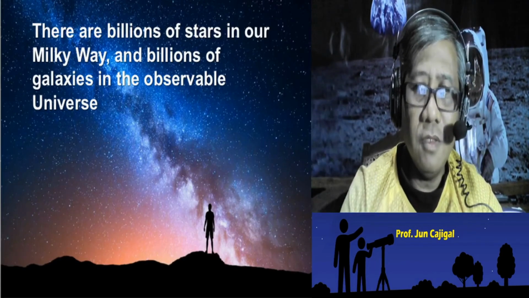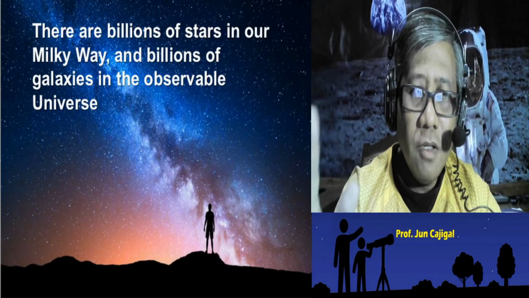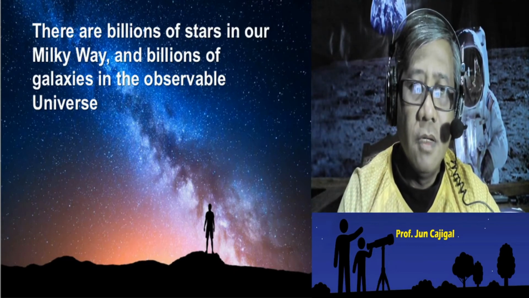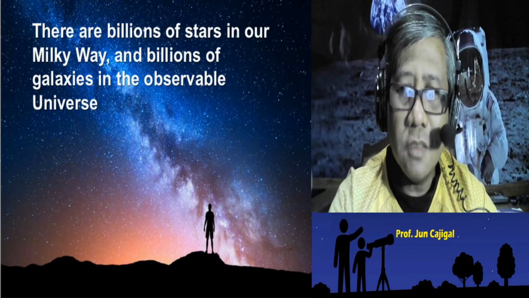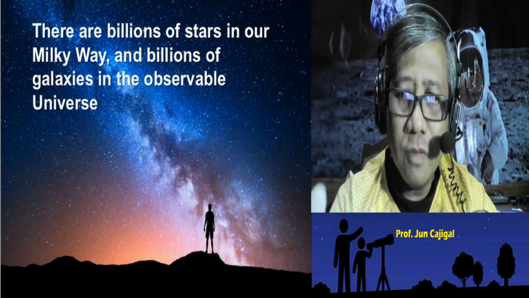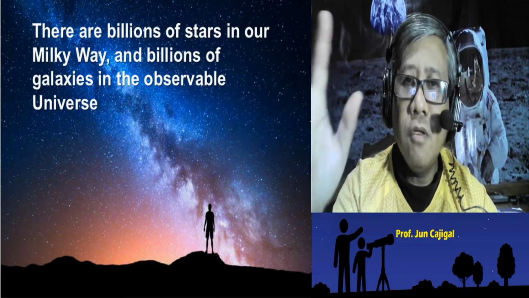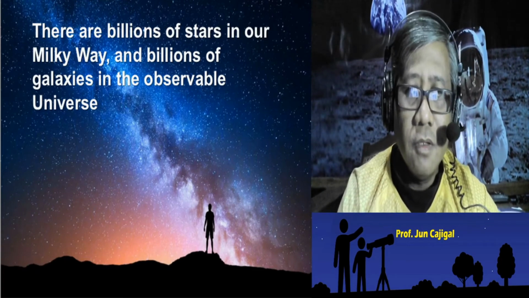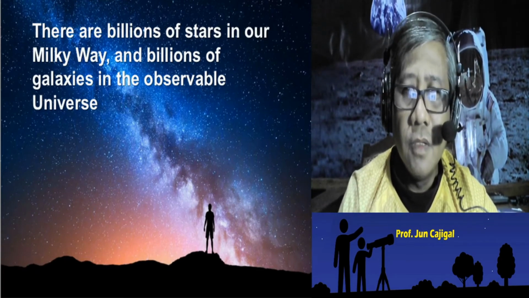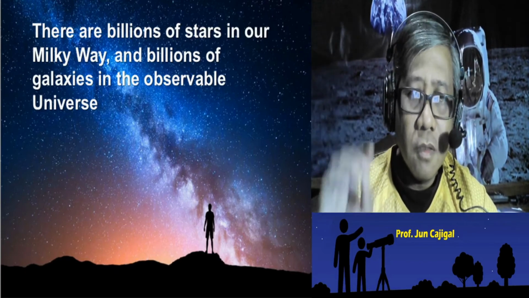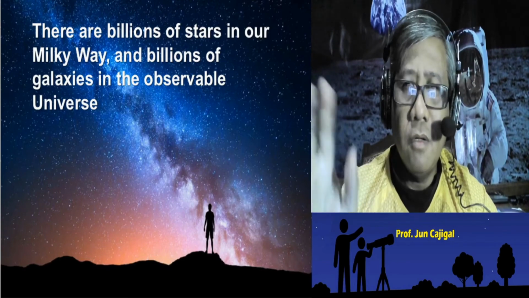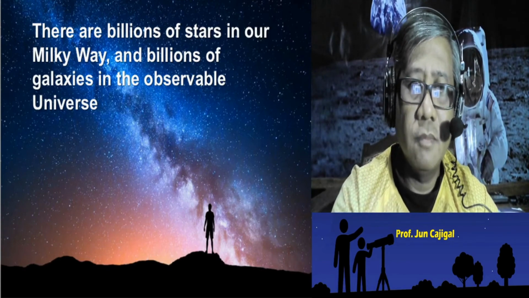So, think about this. There are billions of stars in our Milky Way. And there are billions of galaxies in the observable universe. Okay, to me, you just look up, di ba? Hindi niyo mabilang yung mga stars in our Milky Way. And even in a telescope, you cannot count the billions of galaxies in our observable universe.